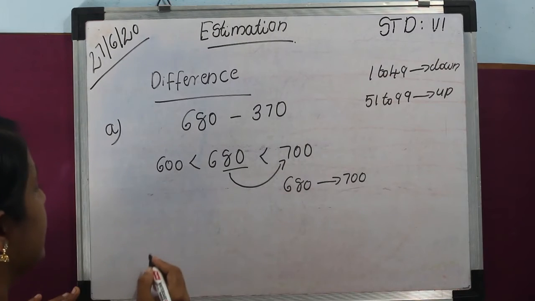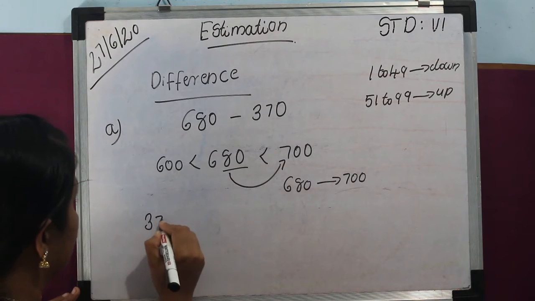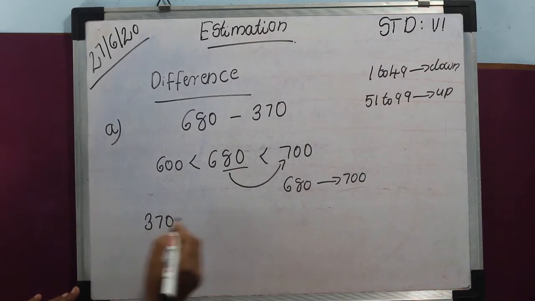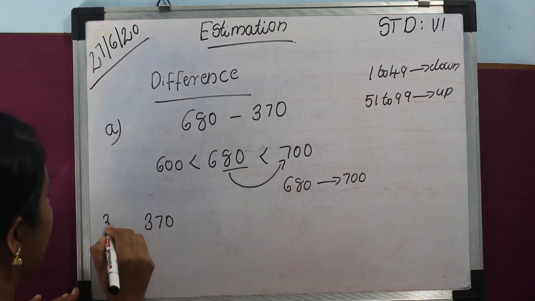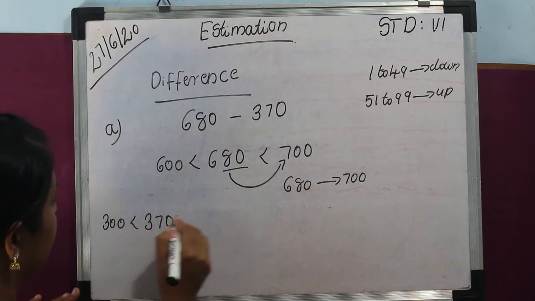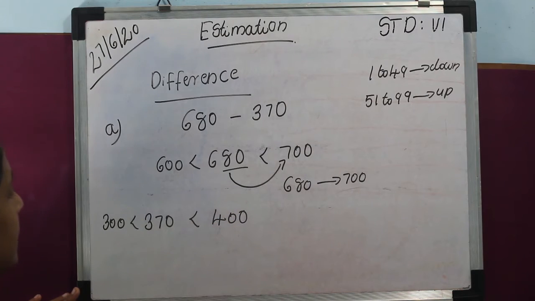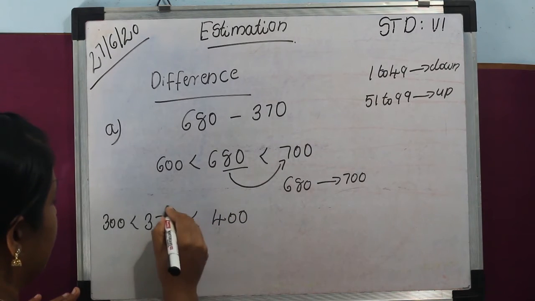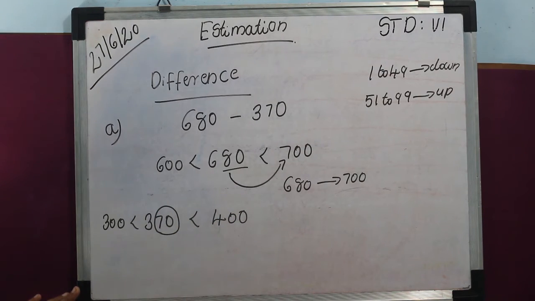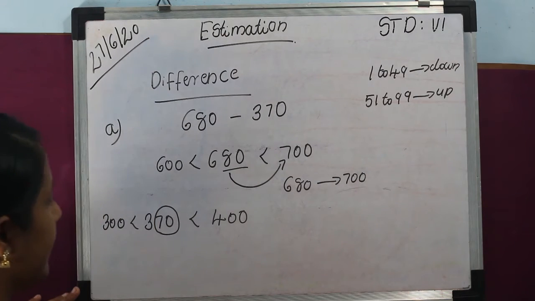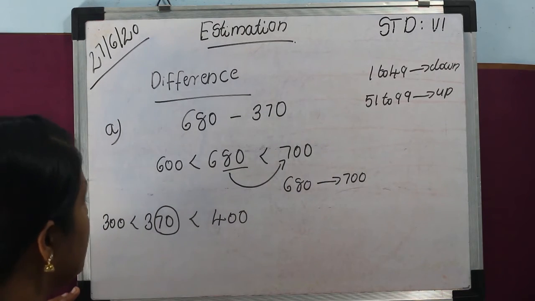Our next number is 370. Then 370 lies between 300 and 400. Next we take the number 70. Then 70 belongs to the 51 to 99 category. So it is rounded up to the next number.